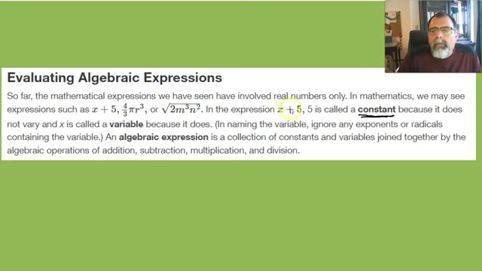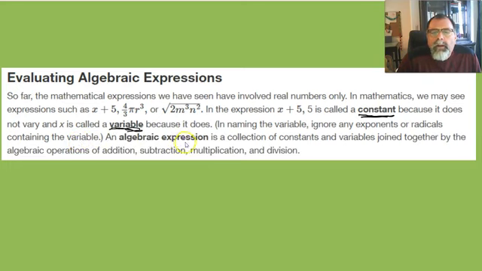X, now you've got to be careful. Sometimes we have letters that represent a constant. For instance, pi, that's a constant, even though it has a symbol there. But if it's representing a number that can change or vary, we call that a variable. So x is a variable.